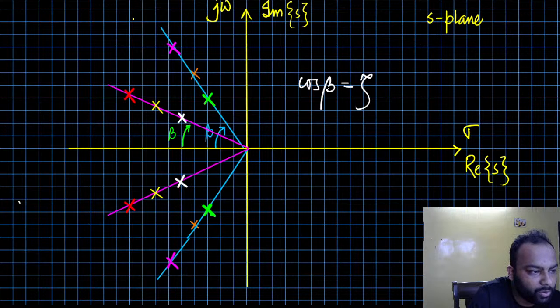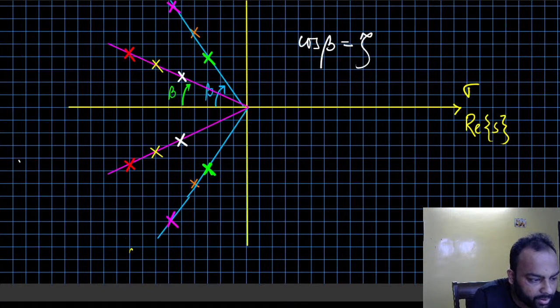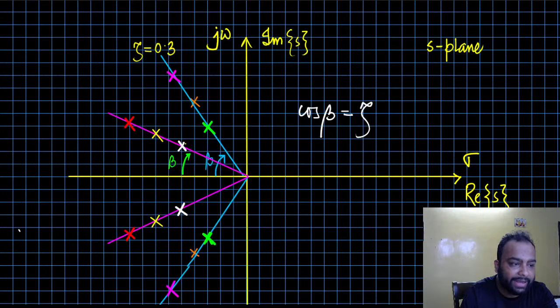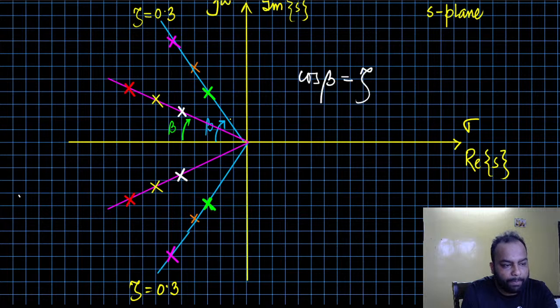Say in this particular scenario, this is zeta equal to 0.3. So if I have pole pairs on these two lines, the system I would end up with will have the same value of zeta, namely 0.3.